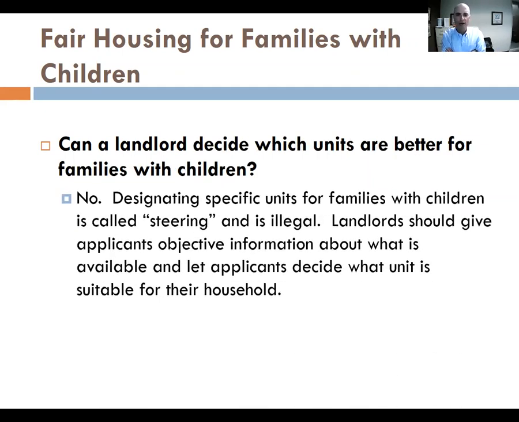Yeah, so we kind of talked about this, about steering. The example there is, let's assume the landlord has three 3-bedroom apartments that have all come available, and they've advertised these apartments, and a family shows up and is interested in seeing the apartments.